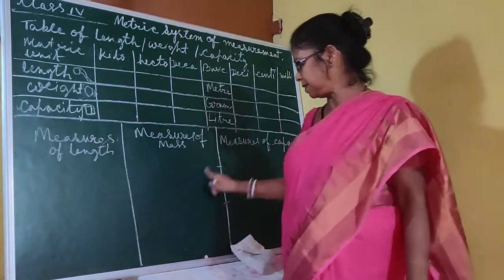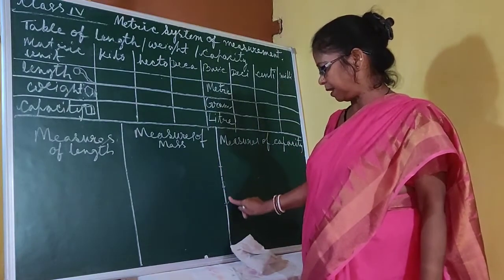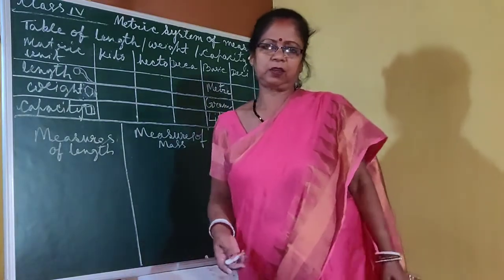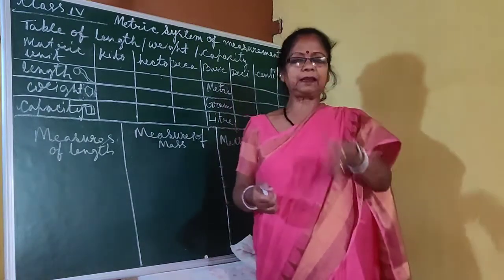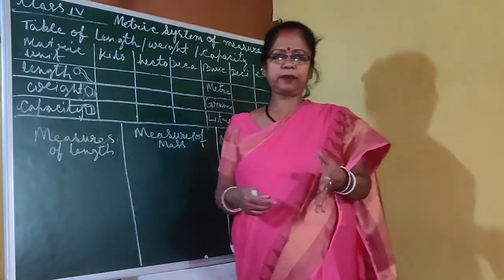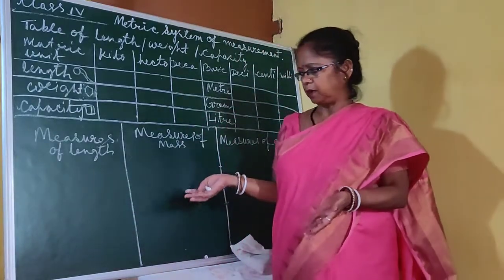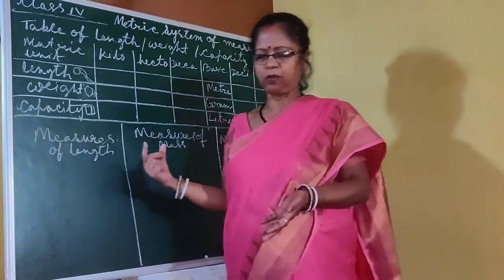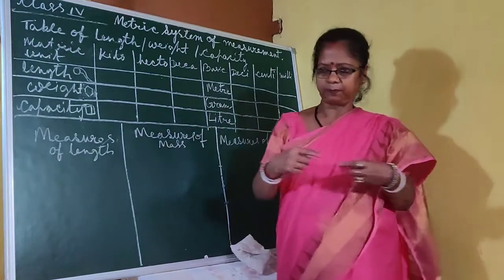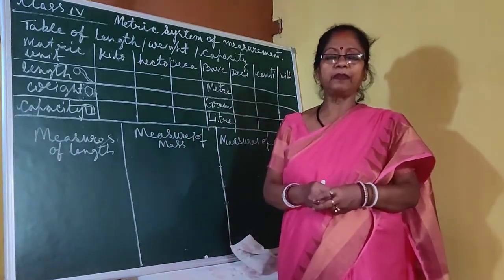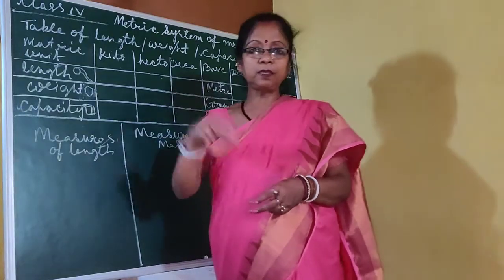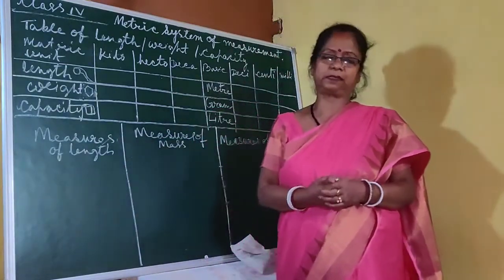Liter is the capacity measurement, for liquid things. You need a container. Liquid things like milk and petrol cannot be measured by the weight unit or the meter unit. It needs a container. When liquid things are poured into a container, that is the capacity.